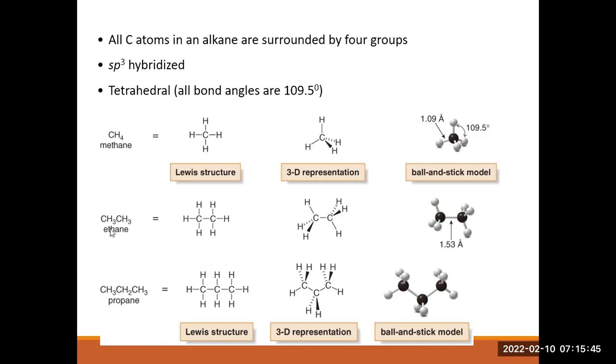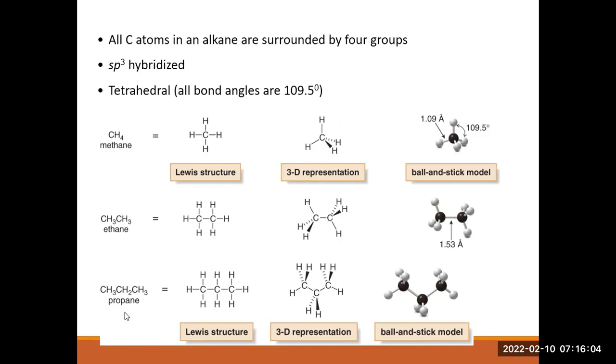Next is C2H6, the acyclic alkane. This is how it looks, 2 carbon atoms and 6 hydrogen atoms, in 3D.